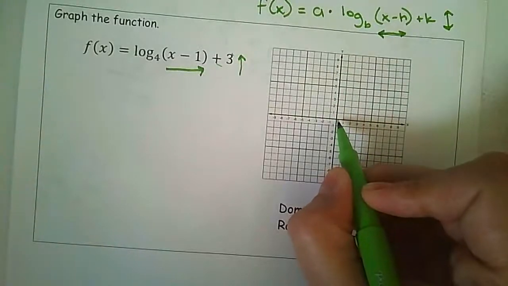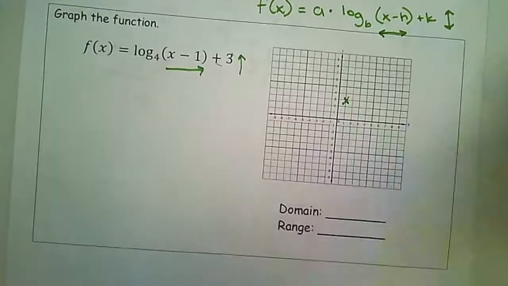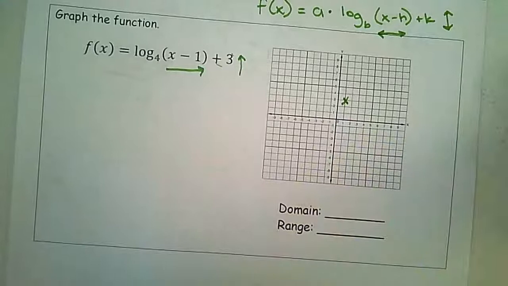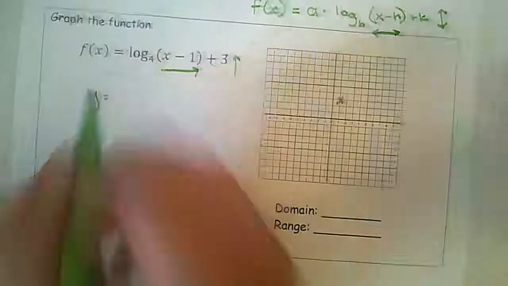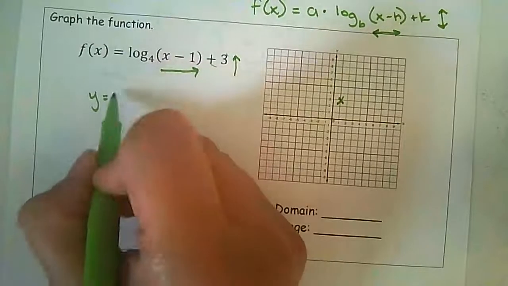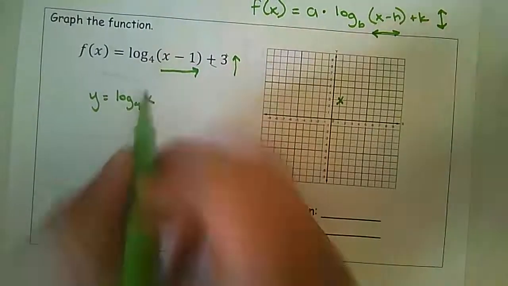So from my origin, I'm going to go right 1, up 3, and x marks the spot. Now let's take a look at what we haven't done anything with. We haven't touched the log with the base of 4 or the x yet.